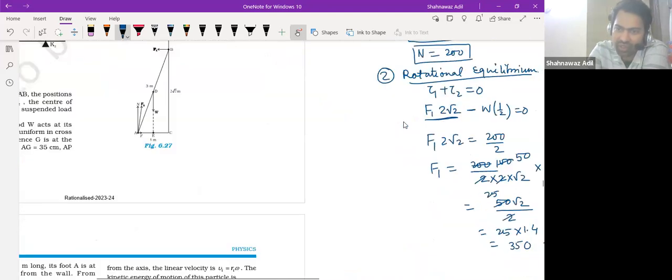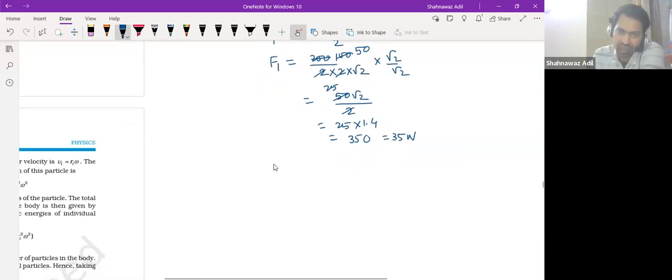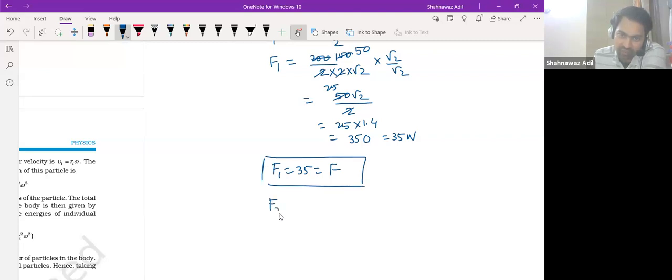So F2 would be how much? F1 is 35, so that is equal to F, right? And we know that F2 is root of F square plus W square.